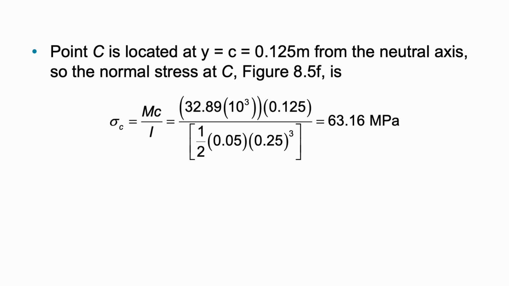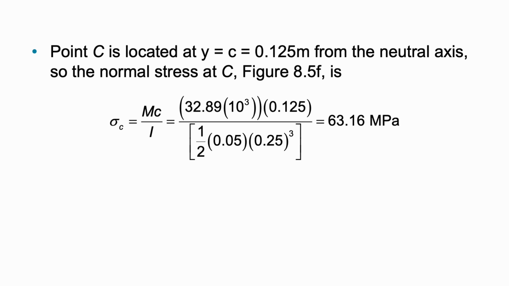Regarding bending stress, we have moment times c over I. Since our moment at point C is 32.89 kilonewton meter, we will multiply by 10 to the power of 3 in order to get Newton meter, times 0.125, which will be our centroid distance in the y direction.